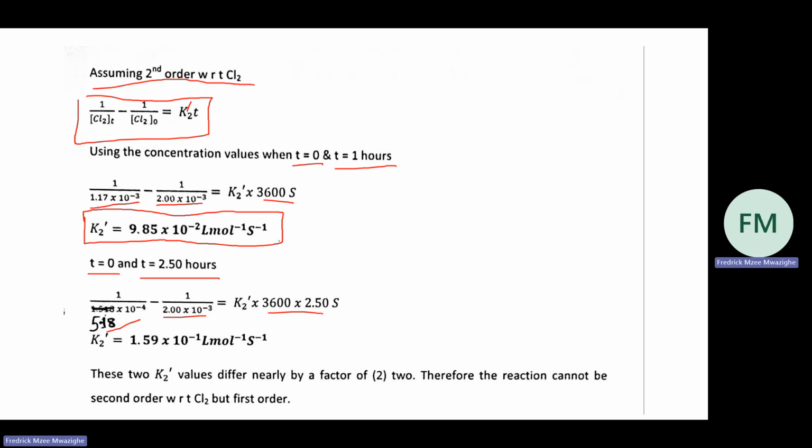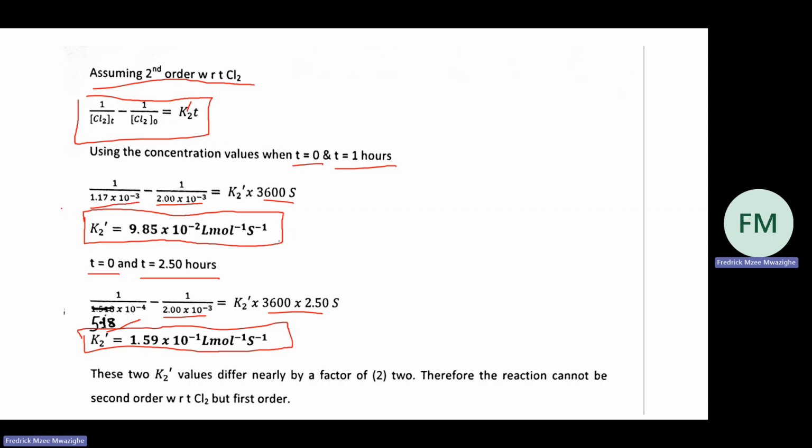If you put in those values and make K2 prime the subject, you can confirm the value of K2 prime you get is 1.59 times 10 to the power minus 1 liter per mole per second.